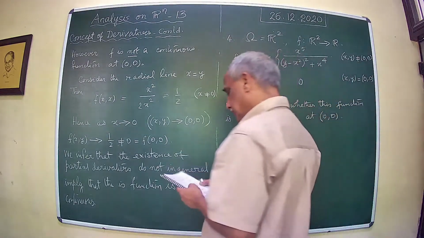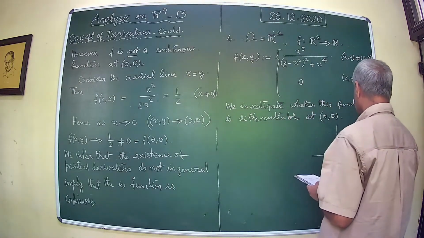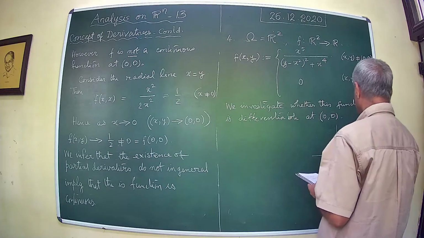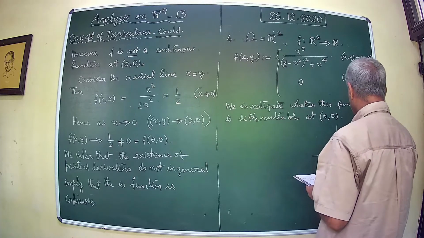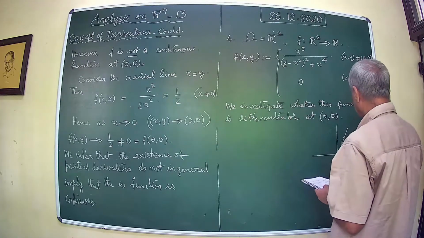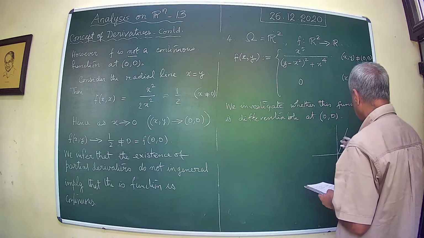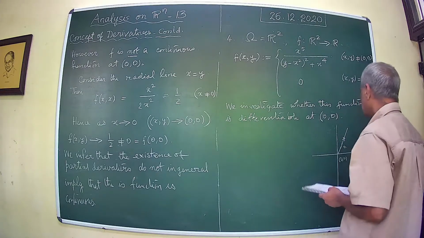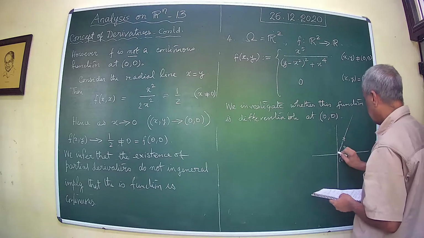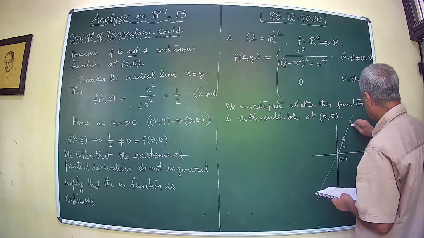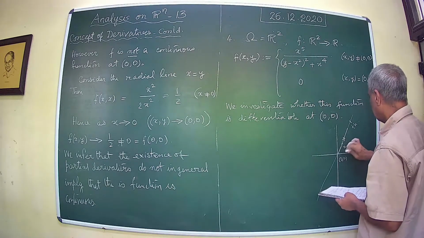But before that, we look at the derivative along all radial directions. Again, we consider along radial directions. So let us take a vector h. Now you see that th is any point on this line. h is a vector.